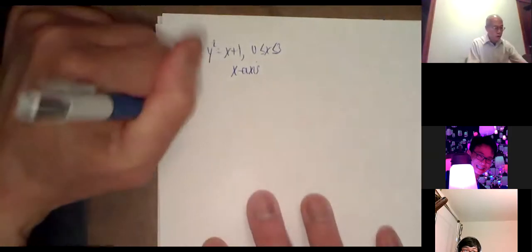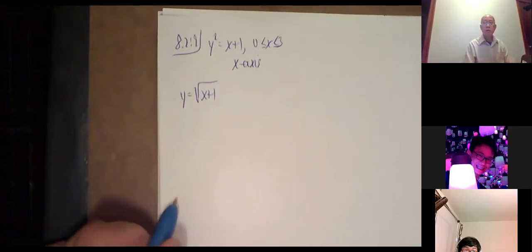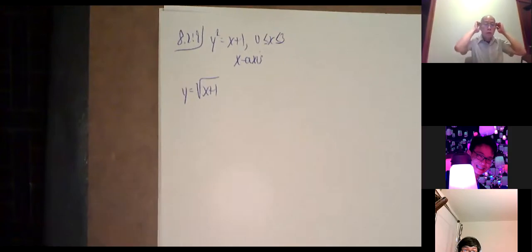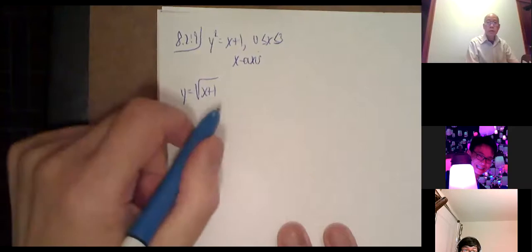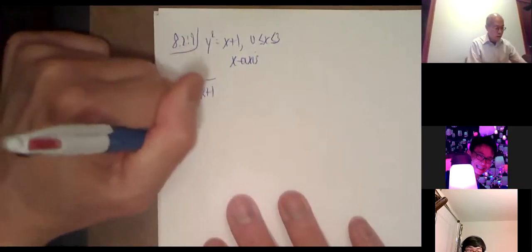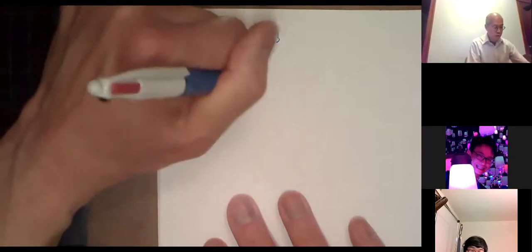All right, so that means y equals square root of x plus 1. And this is a surface area of revolution. So dy dx, this is x plus 1 to the 1/2.